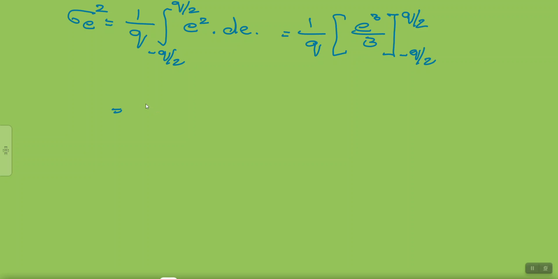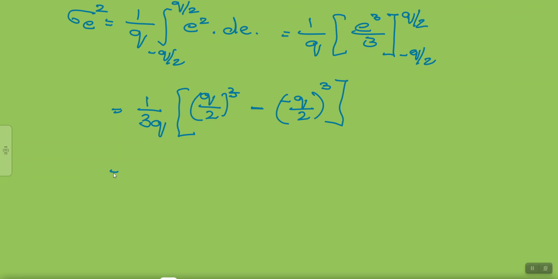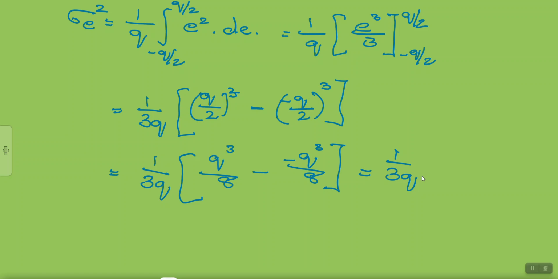So this is equal to 1 by 3q into q by 2 the whole cube minus minus q by 2 the whole cube, that's equal to 1 by 3q into q cube by 8 plus q cube by 8, that's equal to 1 by 3q into 2q cube divided by 8.